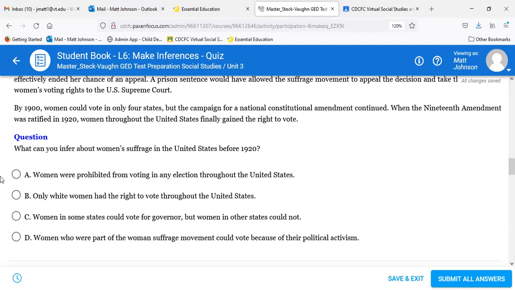B, only white women had the right to vote throughout the United States. C, women in some states could vote for governor, but women in other states could not. And D, women who were part of the women's suffrage movement could vote because of their political activism.